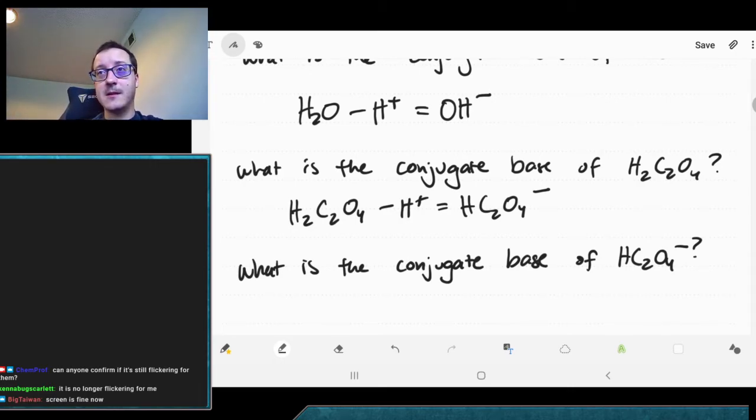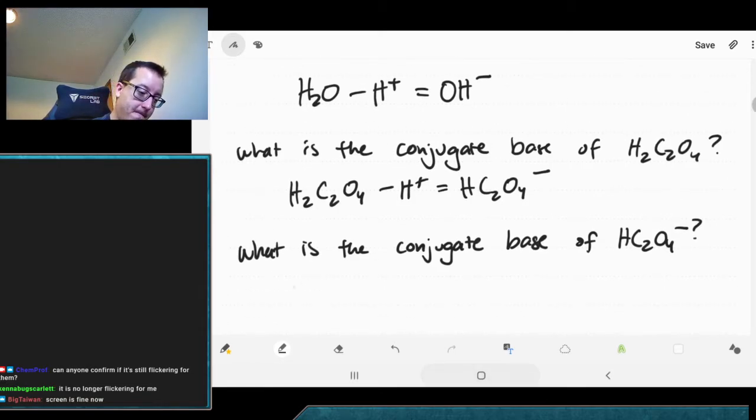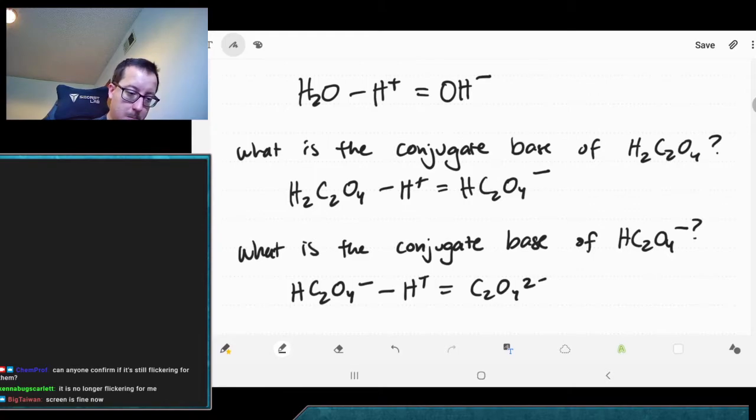Well, we can go ahead and take another one off. But now we're looking at the conjugate base of hydrogen oxalate instead of oxalic acid. So oxalate is the conjugate base of hydrogen oxalate.